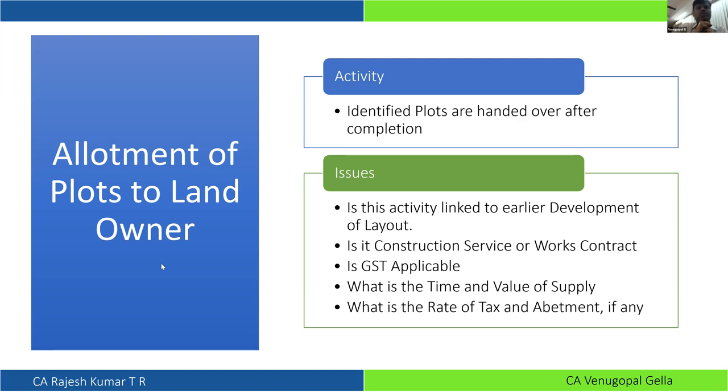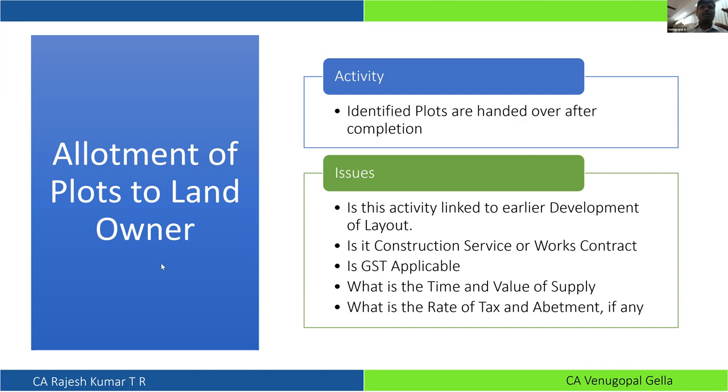My answer to it would be no. I have developed the whole layout. I have done the work on the whole layout. In lieu of the consideration I have to get from the landowner, I got 30% of the plots. Had this 30% been given in cash, my work would have been valued for 100% of the layout.